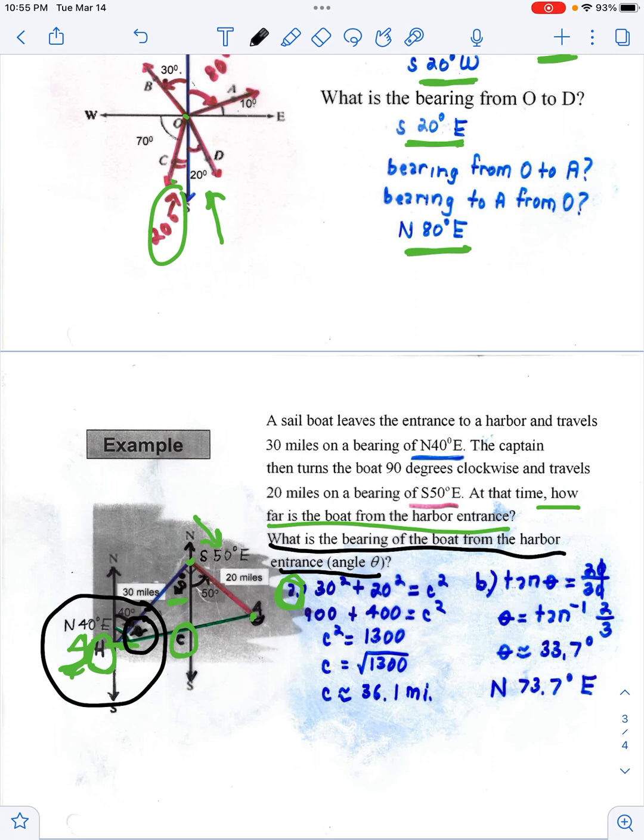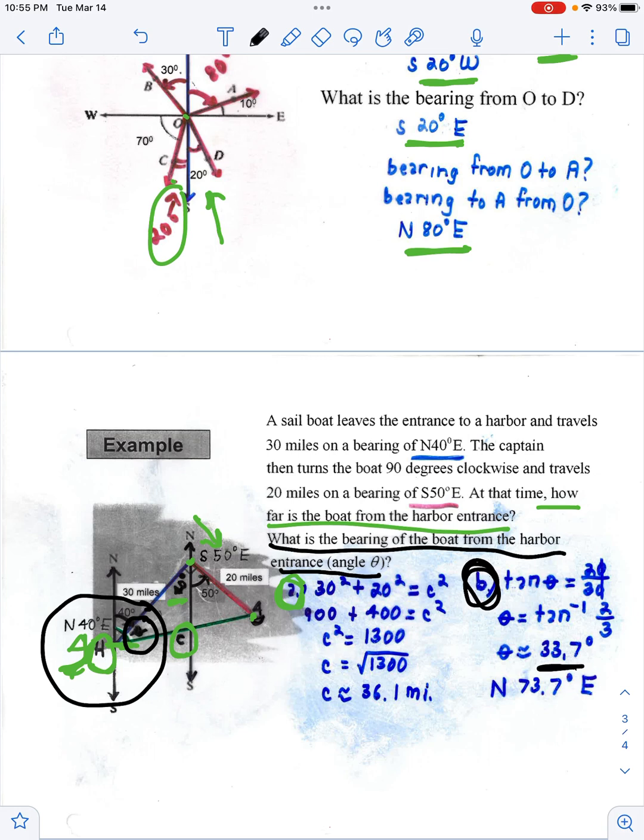So I have a right triangle, and I'm suggesting in part B here that the tangent of theta, the tangent of that angle, has to be the opposite side over the adjacent side of that right triangle, which is 20 over 30, or 2/3 when you reduce. All I need to do then is use the inverse tangent, make sure your calculator's in degree mode, and find the angle that has a tangent value of 2/3 or 20 over 30, and that is 33.7.